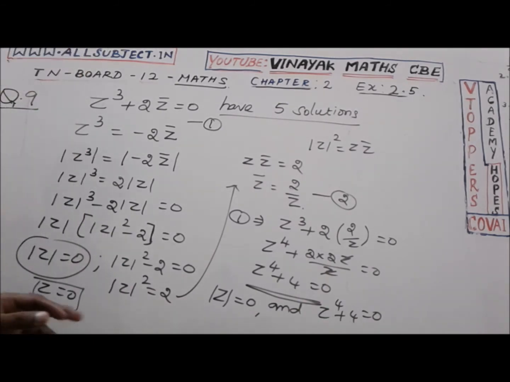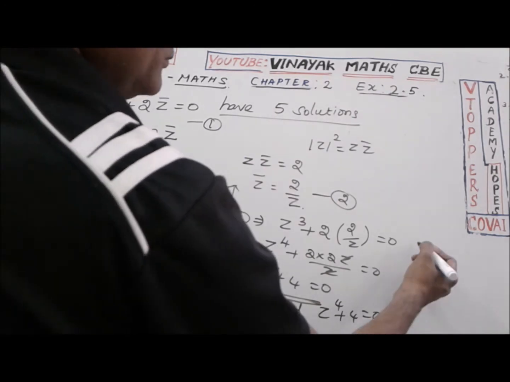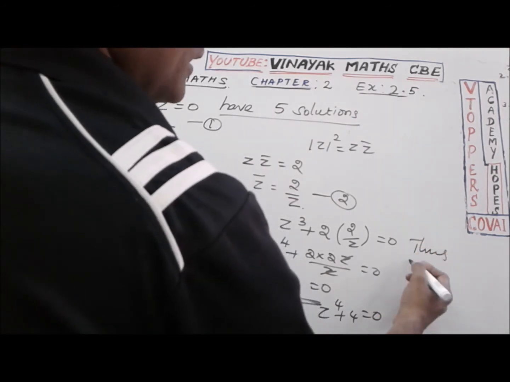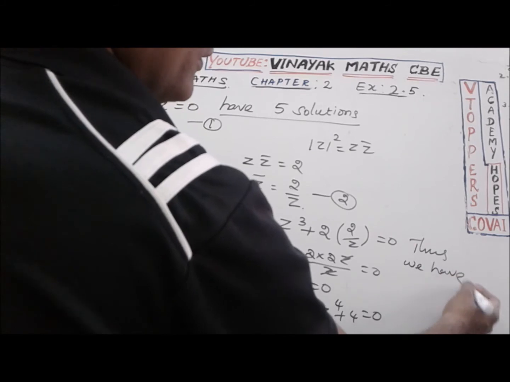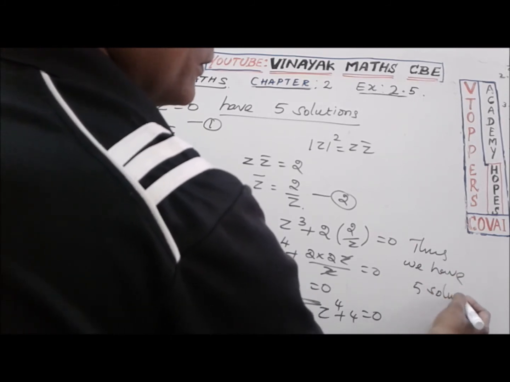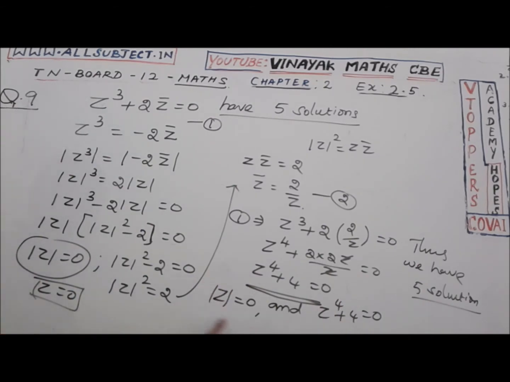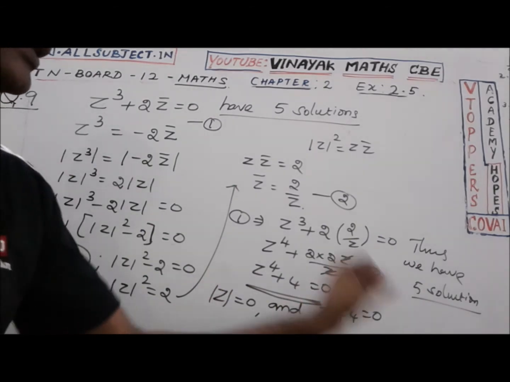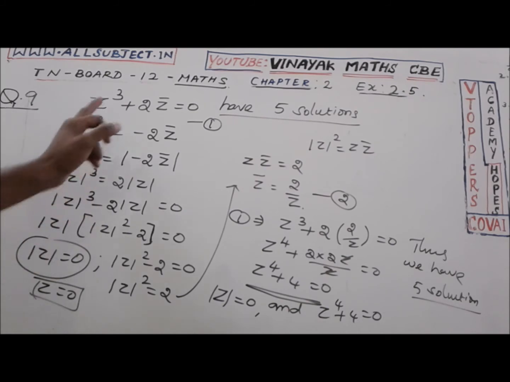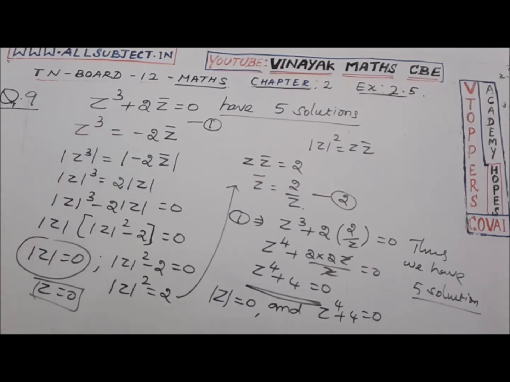Thus the equation has 5 solutions: 4 solutions from the power 4 equation and one other solution from modulus z equals 0.